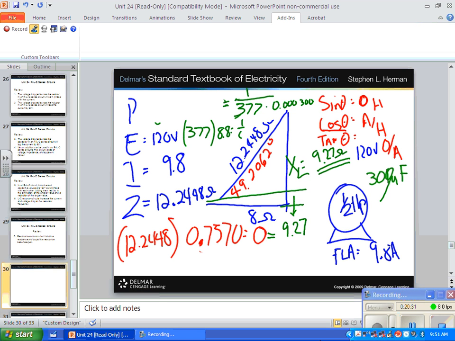So let's look at that now. Okay, this is our X sub L, right? 9.27. And now we're going to come down with our X sub C of 8.8417, whatever.